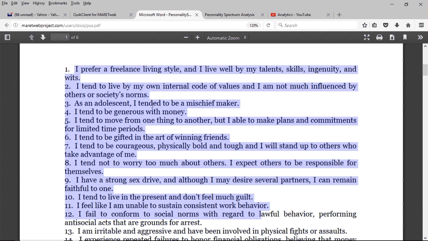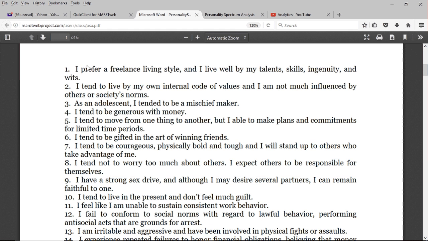Furthermore, item number 1 matches item number 12. Number 1 for optimal functioning antisocial matches number 1 down here from maladaptation. When a person says, I fail to conform to social norms, that is a maladaptive antisocial personality trait.